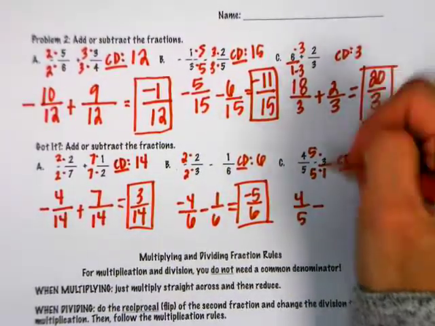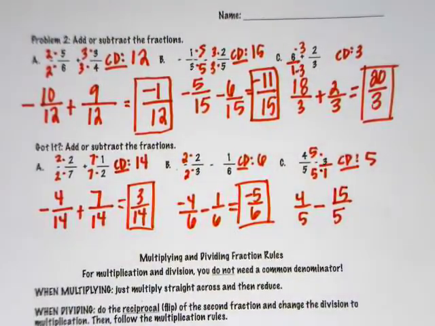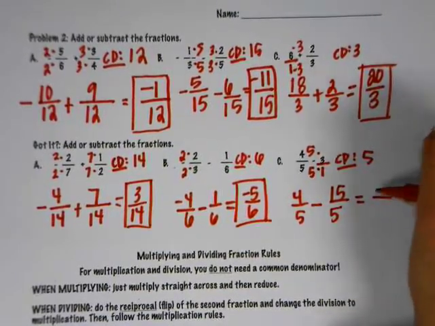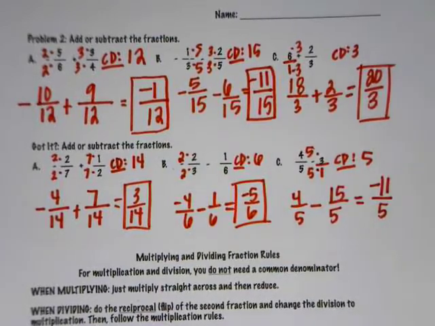Okay, there we go. So 15 over 5. All right. So what's 4 minus 15? 11, yep.